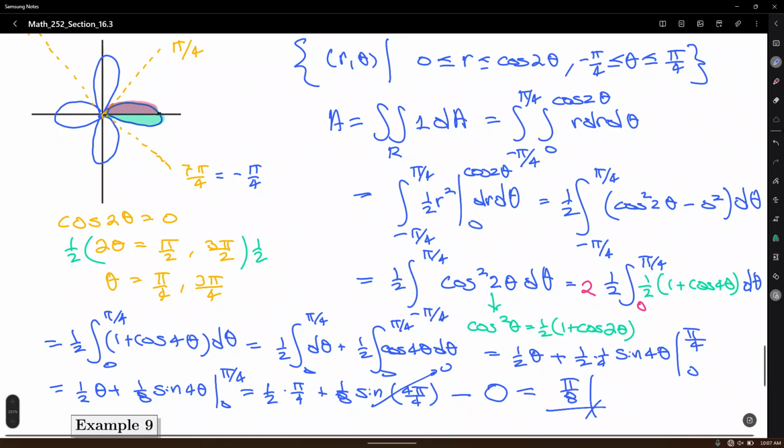All right? Okay, guys. Now let's see the what-ifs for this kind of problem before we leave. What if the problem said find the area of the entire flower here? Well, you don't want to integrate from 0 to 2 pi, okay? Because again, do you see positive area, negative area, positive area, negative area everywhere?